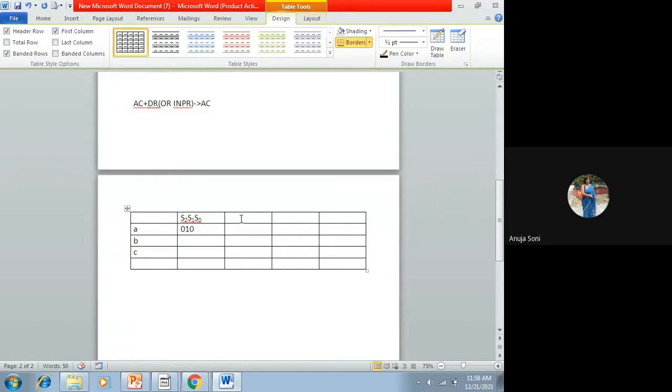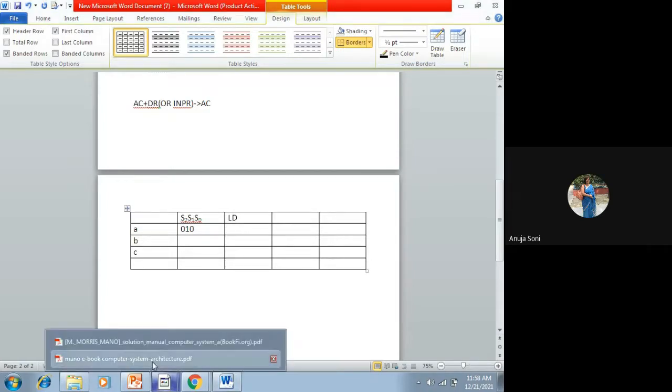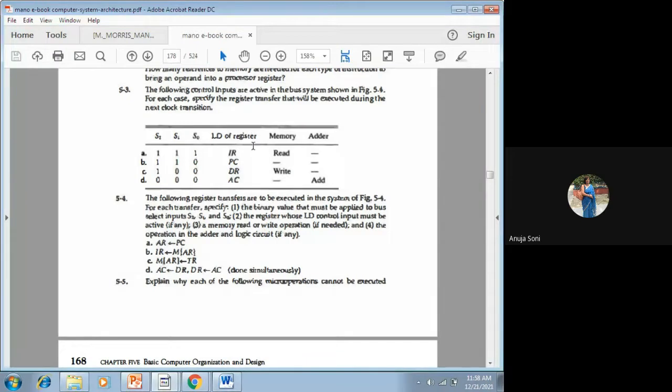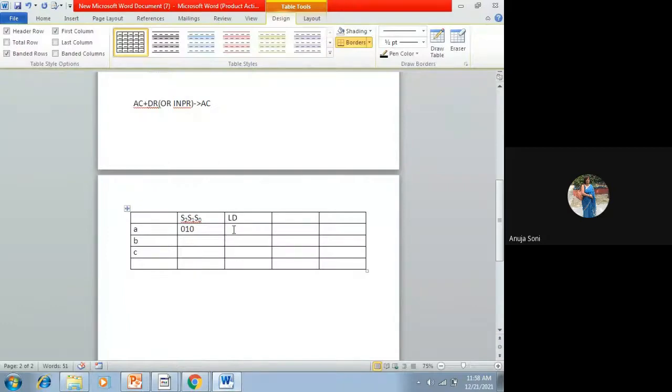And the load signal of which register? Here, as per the given statement, load signal of AR register, so you have to write down AR this way only. And here was your memory. Is any read or write signal?